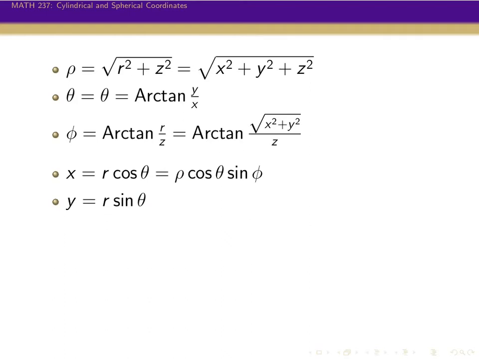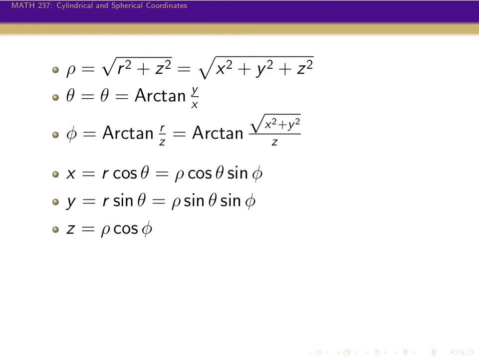Y is r sine theta, and so again plugging in rho sine phi for r, we get rho sine theta sine phi for y. Last but not least, z is just r cosine phi. We already figured that out before.